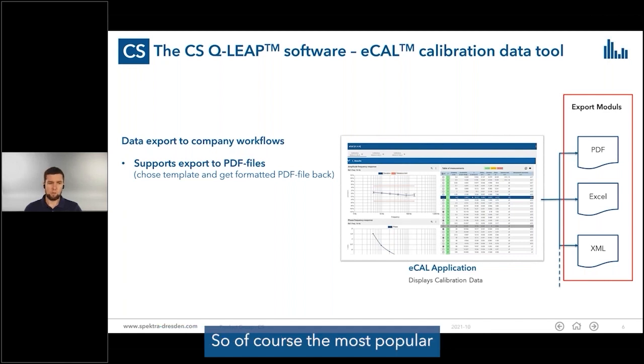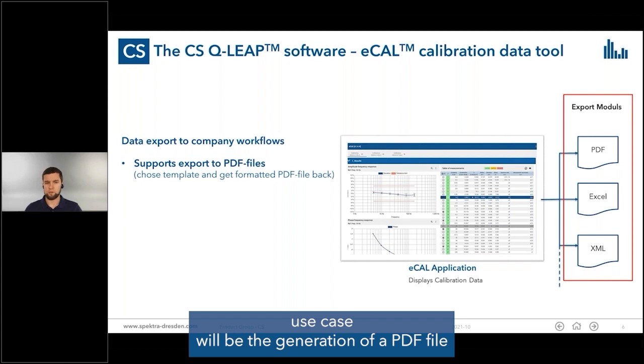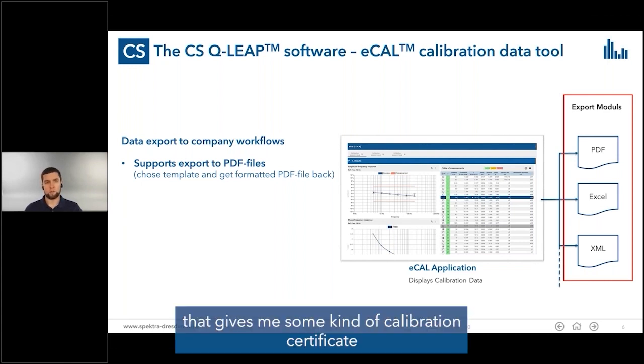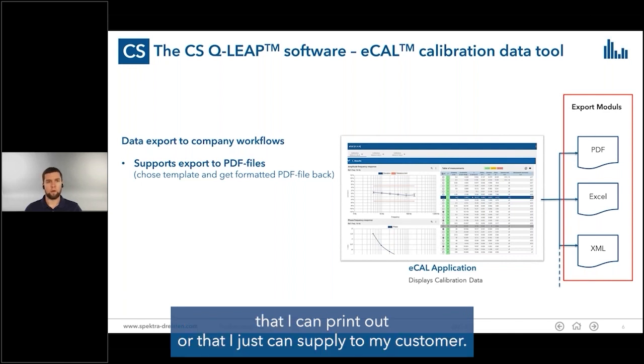So, of course, the most popular use case will be the generation of a PDF file that gives me some kind of calibration certificate that I can print out, or that I just can supply to my customer.